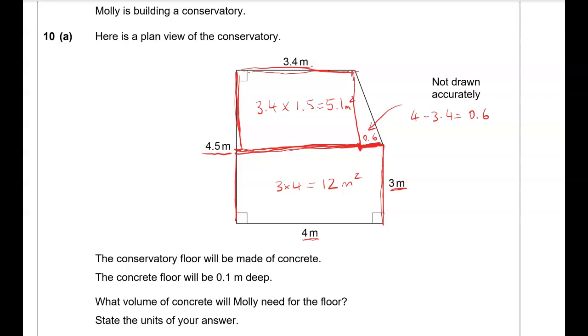Now to work out the height, what will we do? We've actually worked it out earlier when we looked at this length, and that was 1.5. So 4.5 take away 3.